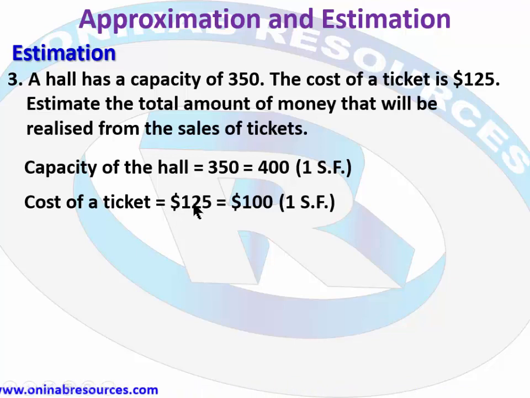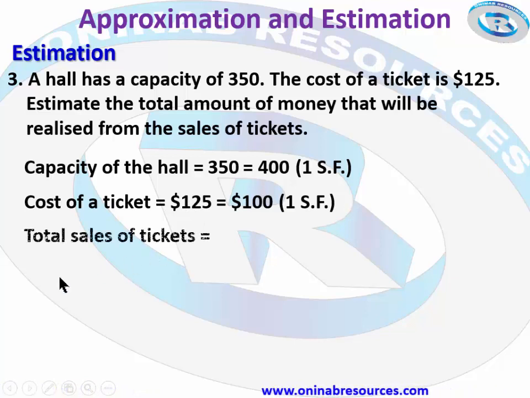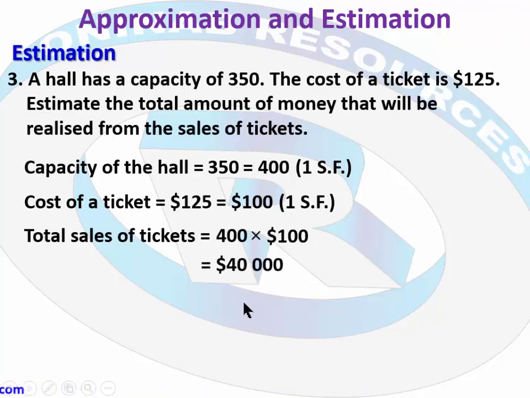It has to be rounded down, so we have it as 100. So that the estimated total sales of tickets now will be 400 times 100, and that will give us $40,000. That is the estimated amount of money they are going to realize from the sales of tickets.